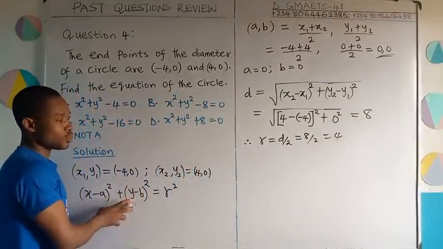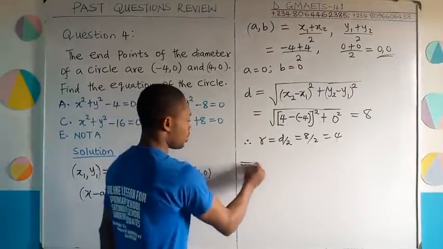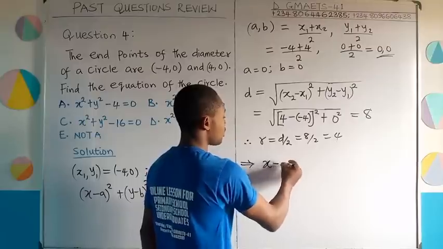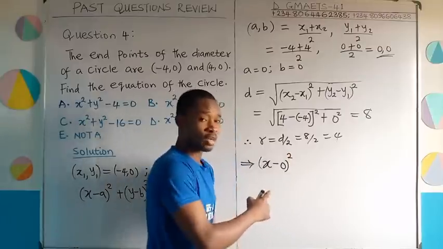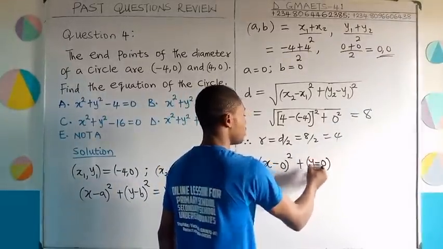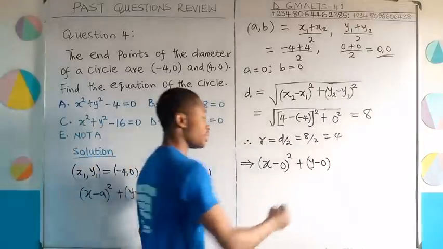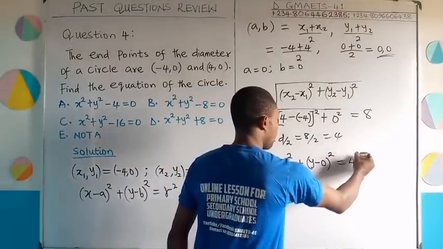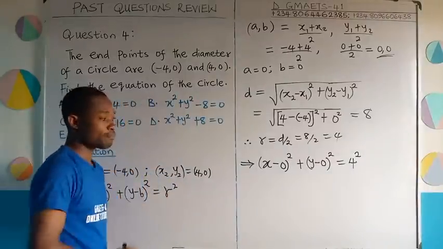Come back to this standard equation of a circle and then fix it up. There we have x minus a. Our a is what? 0. Square it. Waste of time putting that 0, plus y minus b, which is 0. Another waste of time putting that 0 anyway. Then we're going to equate it to the square of the radius, and the radius is 4. So I'm going to square it. Is that okay?